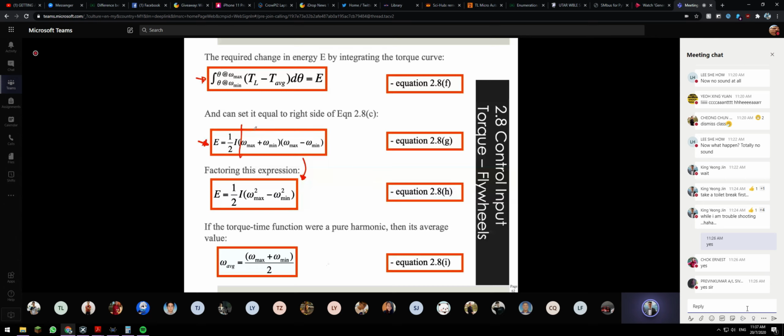So we can write it in this form. If the torque time function were pure harmonic, then this is the average value. So we can find the average value: omega max plus omega min divided by 2.